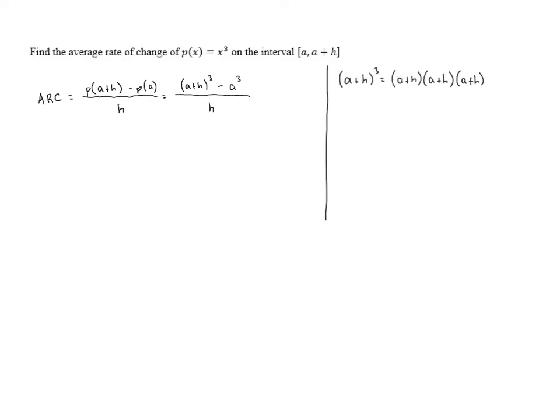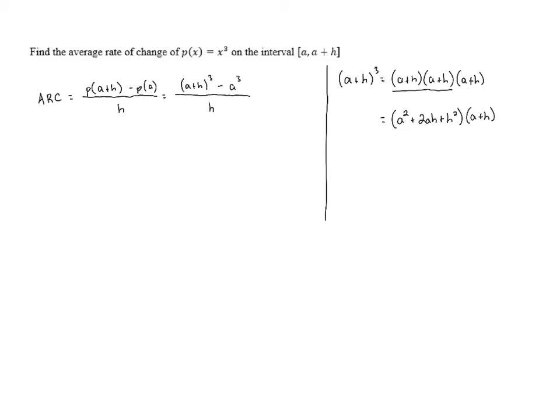First we're going to multiply a plus h times a plus h, and once we get the result, we're going to multiply that by a plus h. Now, a plus h times a plus h is something we've done already multiple times just in this lesson. We use the special product formula, and it's a squared plus 2ah plus h squared. You could also FOIL that out if you wanted to.